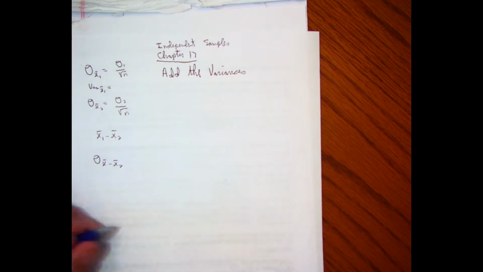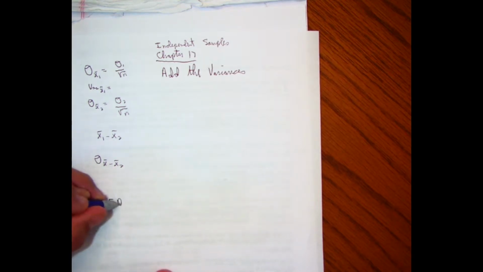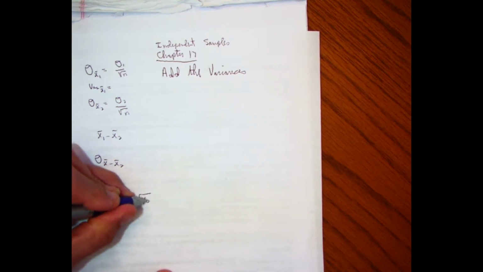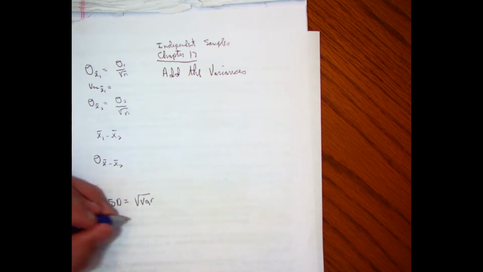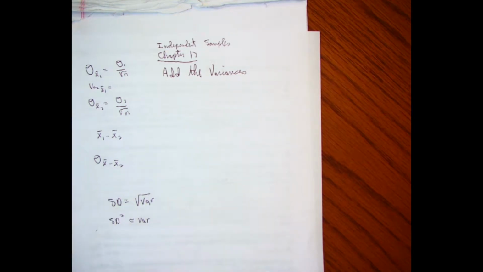So then what's the variance of x bar 1? Well, we know back from chapter 6 that the standard deviation equals the square root of the variance. So hence, what does the variance equal? The variance must equal the standard deviation squared.